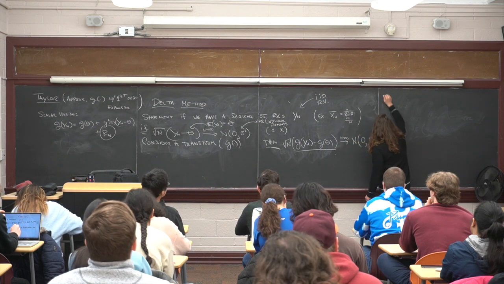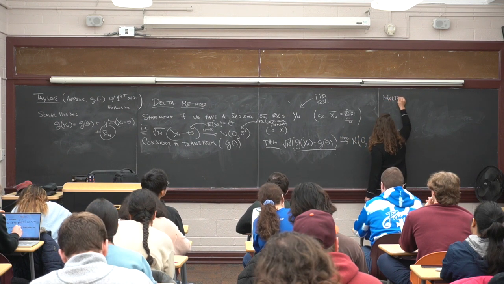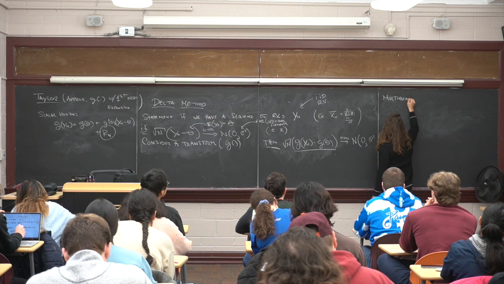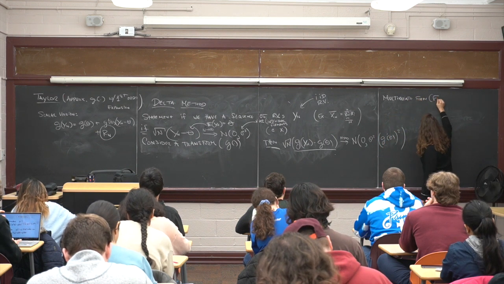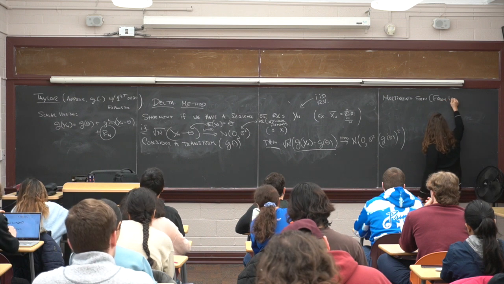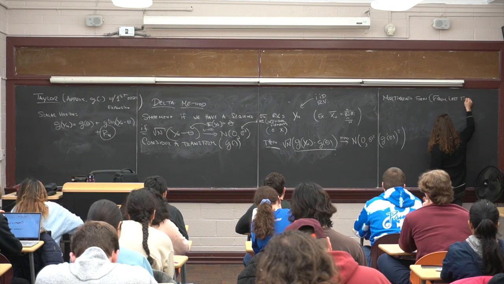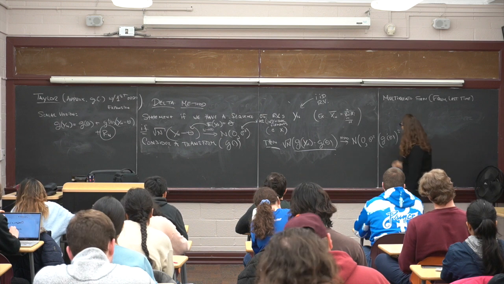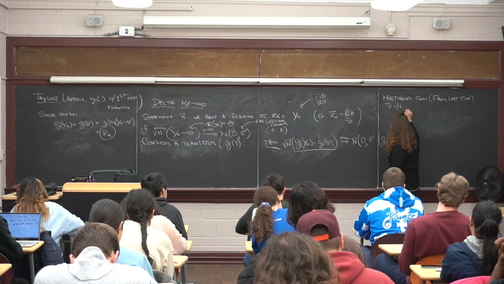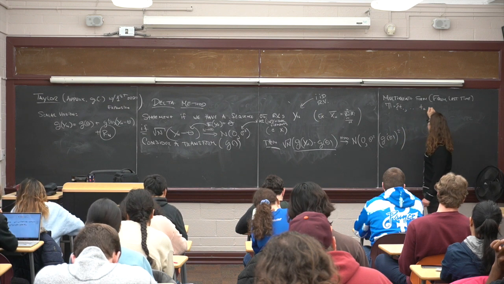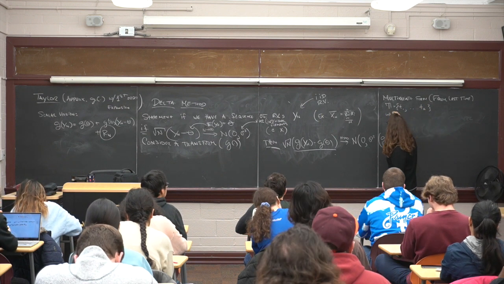The multivariate form looks like this. This is from last time. We were just discussing some random variables T1 up to Tk with means.